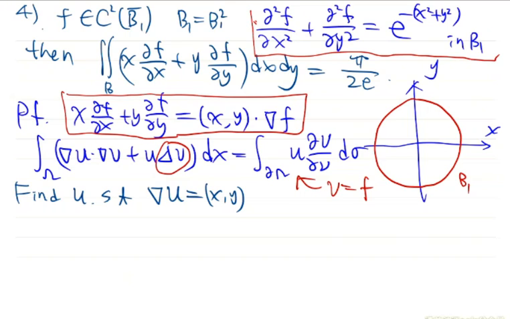Okay, so we want to find a u with this property, but even if you find such a u, let's go back to the first Green identity, the right hand side. You still need to compute the integral of u multiplying the directional derivative of v, that is f, over the unit sphere.